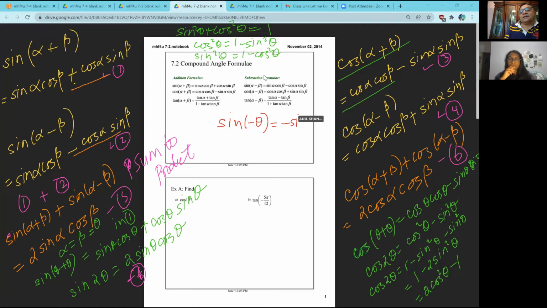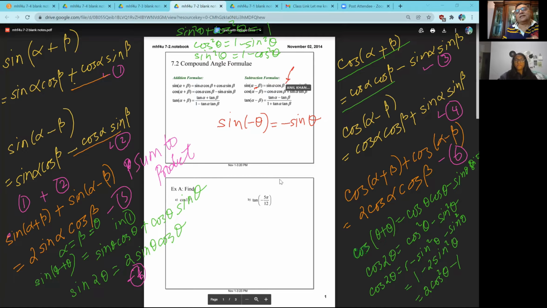Minus sine theta, correct? So when I change plus to minus, this becomes minus because sine is an odd function. And what is cos of minus theta? It is cos theta. Cos is an even function, right? You recall that? Odd and even functions?